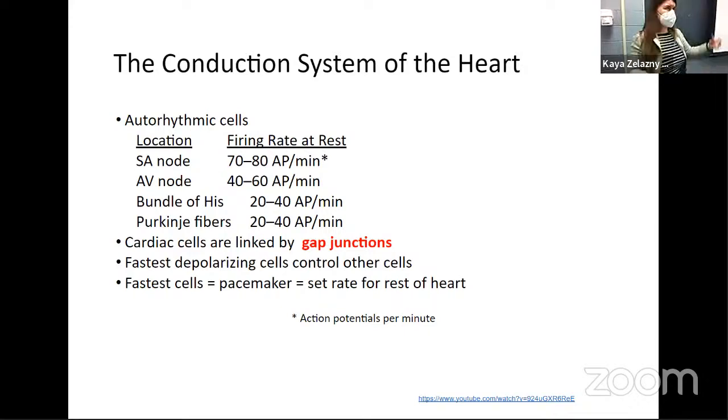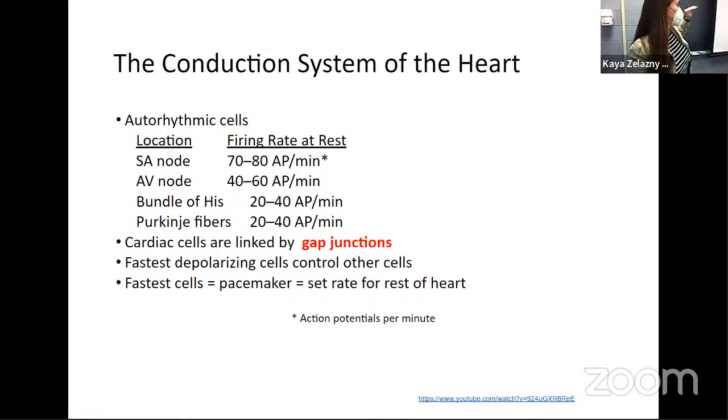So they pass the signal rapidly from cell to cell, and this allows the heart to have a really synchronized contraction. We want all of those muscle fibers to be contracting at once. We don't want little tiny pieces of the atrium contracting independently of other parts of the atrium, for example.